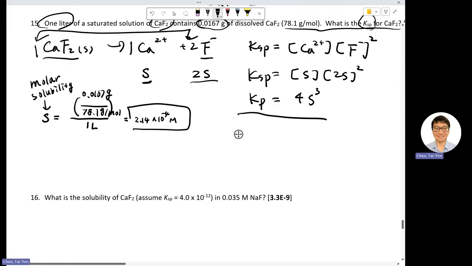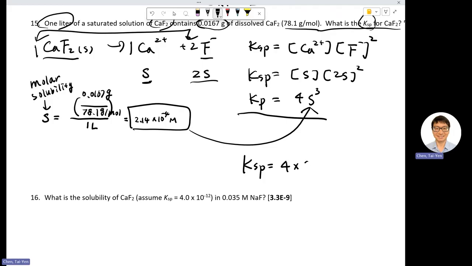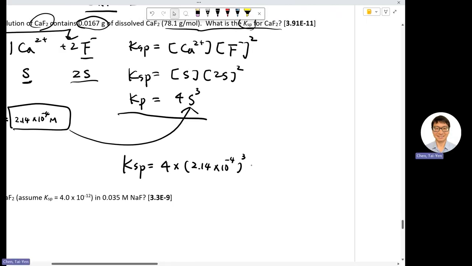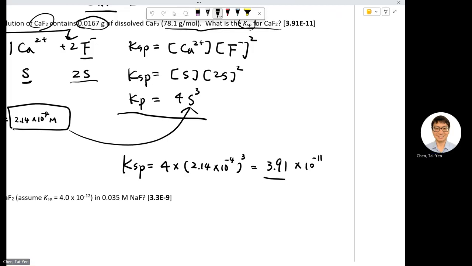Once you have this value, all you need to do next is just plug into this equation. Okay, therefore your KSP is going to equal 4 times 2.14 times 10 to the negative 4 to the cube. Okay, and then once you do the computation, you should be able to get a number of 3.91 times 10 to the negative 11. Okay.